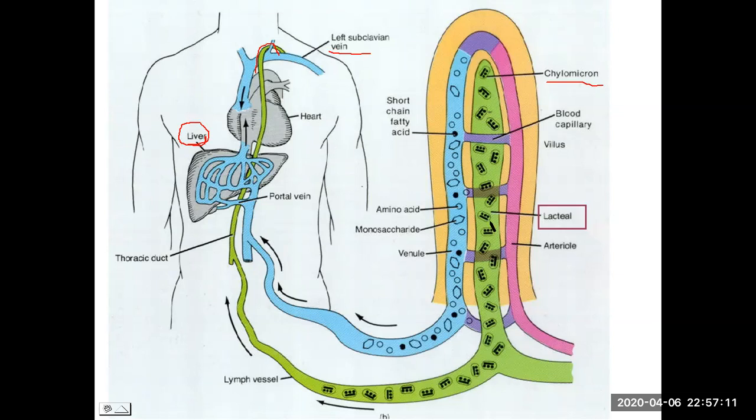So a fat has this additional step of being processed and transferred through the lymphatic system, through the liver, and then it can enter our bloodstream. Whereas amino acids, proteins, sugars do not have that additional step, so they do not require that additional step.